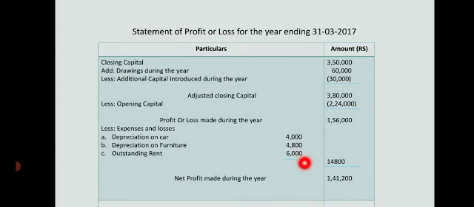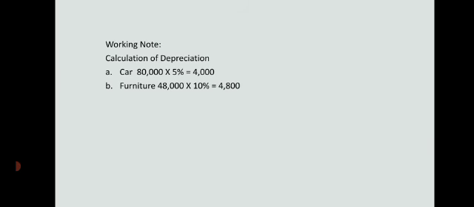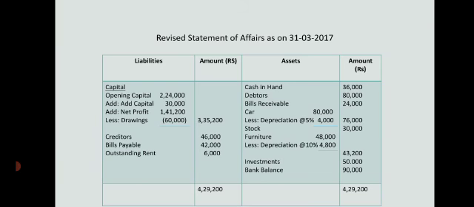Here in this problem we get a net profit of 1,41,200, and then we prepare the closing balance sheet, that is the revised statement of affairs as on 31st March 2017, and here the total of the balance sheet is 4,29,200, both sides, liabilities as well as assets, right? And this was the working note.